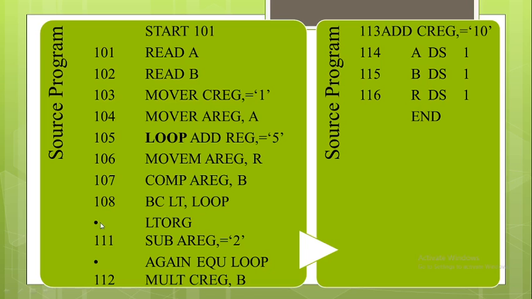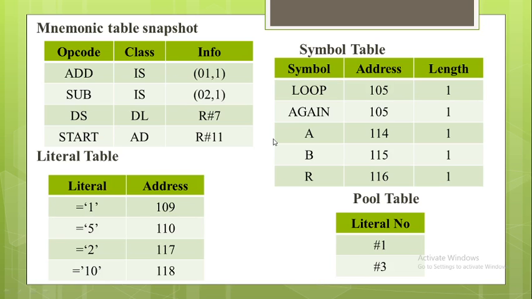So at this location, the location counters 109 and 110 will be assigned to the literals 1 and 5, which is shown in this literal table. I think all of you got the concept of how the addresses 109 and 110 get assigned to the literals 1 and 5.